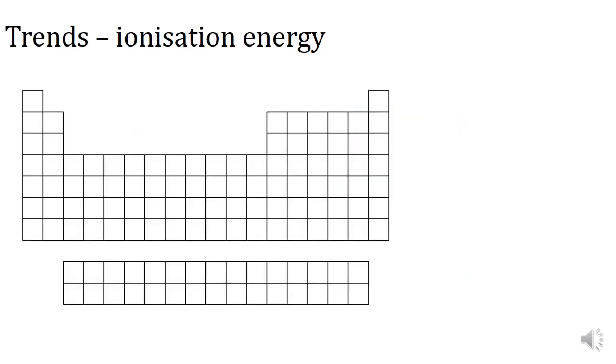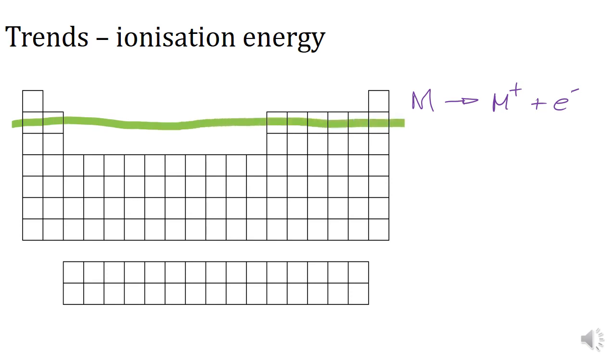Okay, so ionisation energy. Quick definition: the ionisation energy is the energy required to remove an electron from something. Let's think about periods exactly the same way as we just did. As I'm moving along a period, I am not changing the distance between my nucleus and that outer shell, and I'm increasing the positive charge in that nucleus.